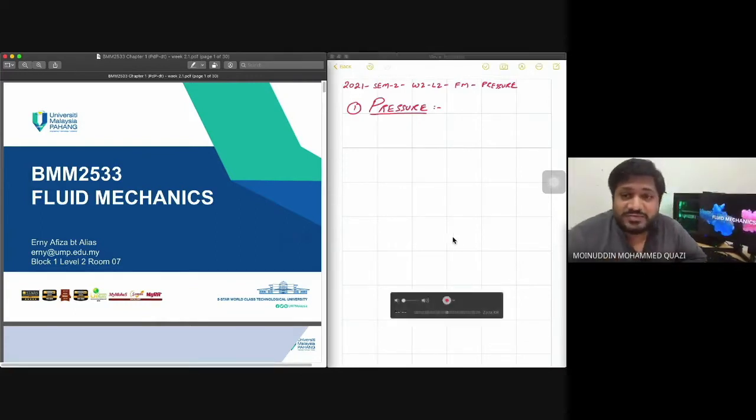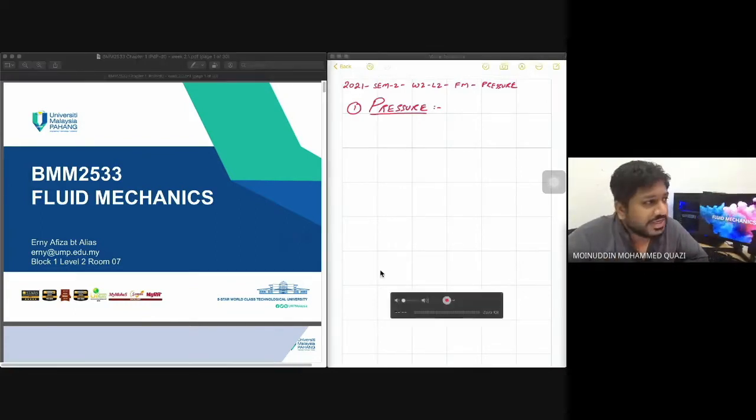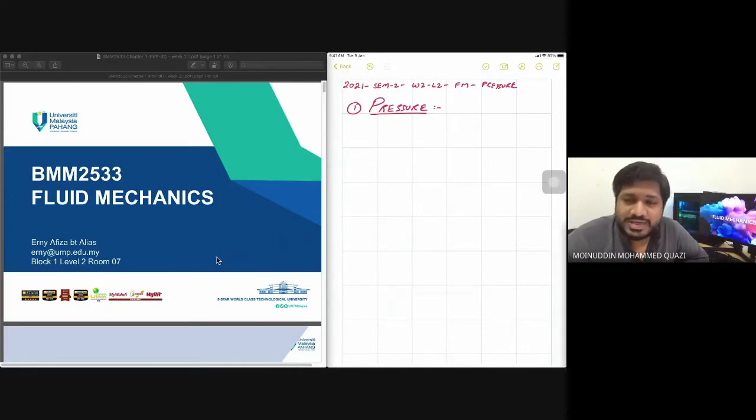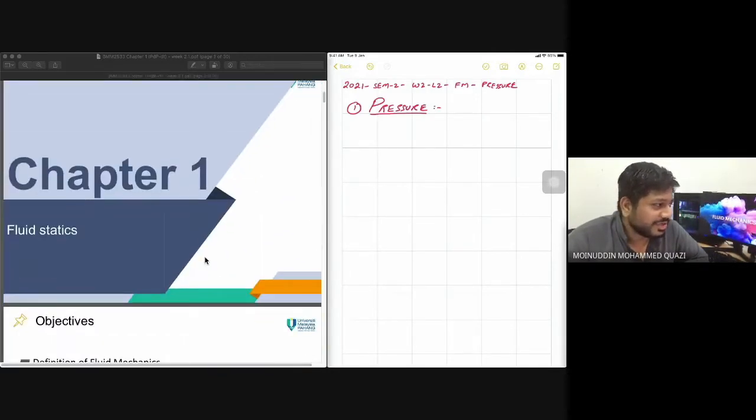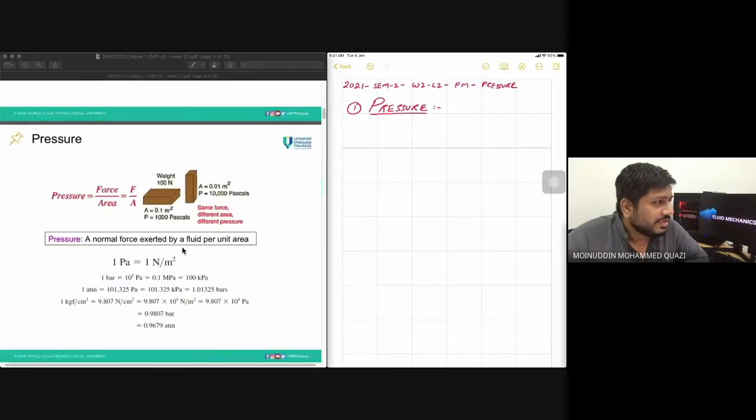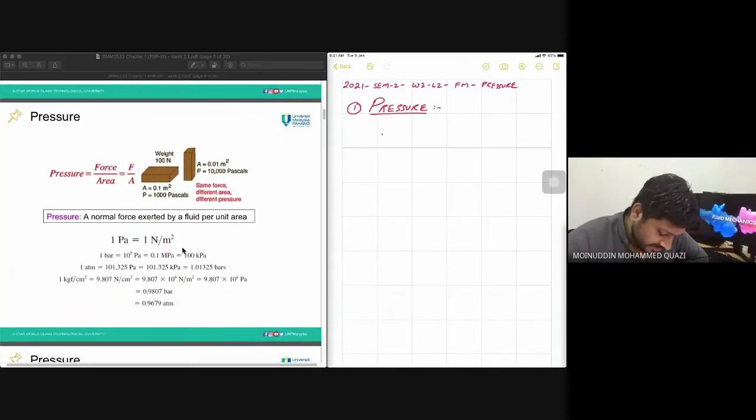You have gone through the basic definition of pressure already in your undergraduate classes in solid mechanics, or in other science subjects: pressure is basically force per unit area, how much force is exerted on a specific amount of area. So the formula for pressure is force per unit area.